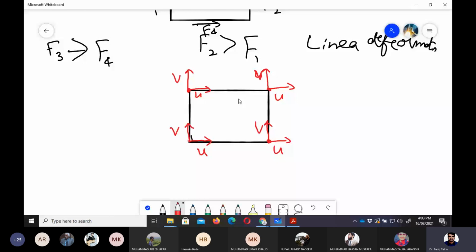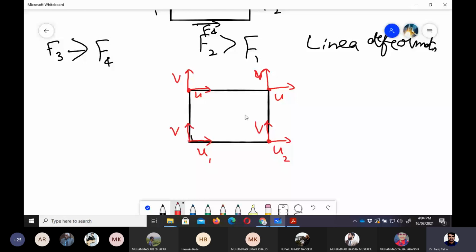But if the velocity is more at this point, say this is u1 and this is u2, and u2 is bigger than u1, then this object would be elongated, and if u2 is less than u1, then it would be compressed a little bit.